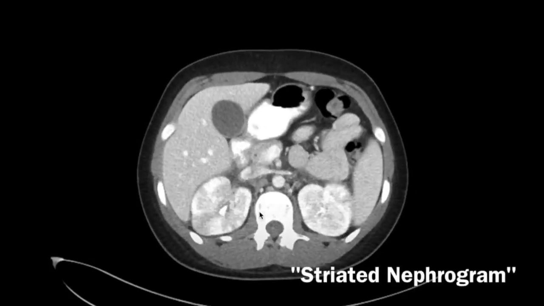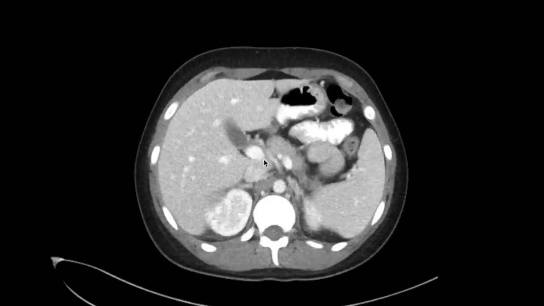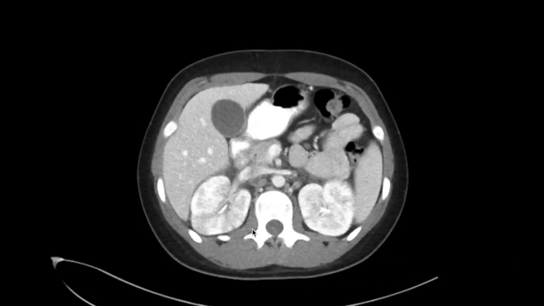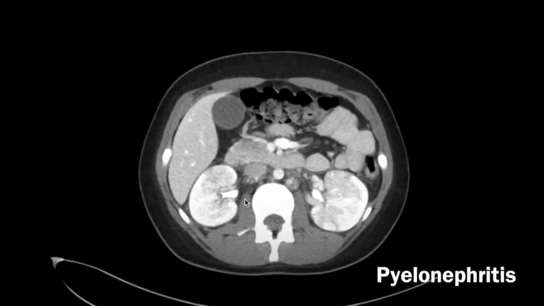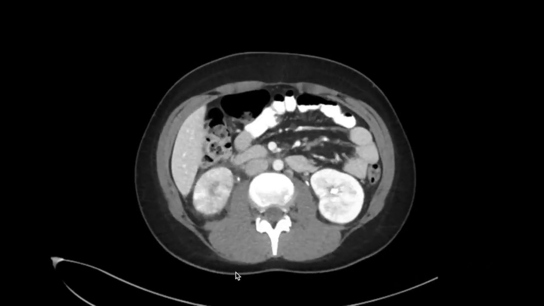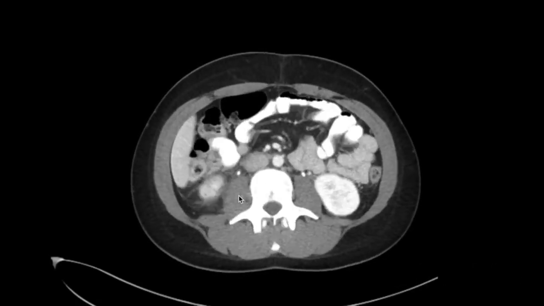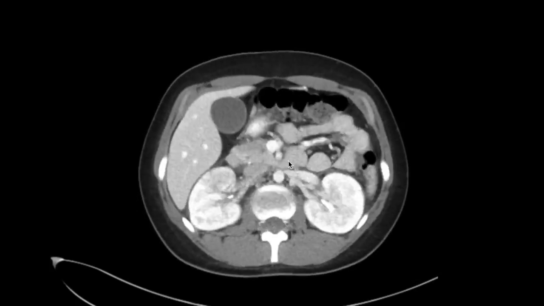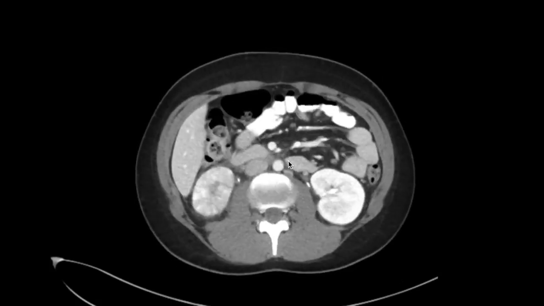This is called a striated nephrogram appearance, and there are a number of causes of that, one of the more common being pyelonephritis. And you'll also notice some stranding and inflammation around the right kidney. This was a patient who had a pyelonephritis or infection of their right kidney.